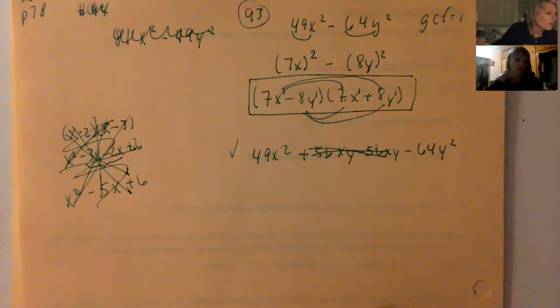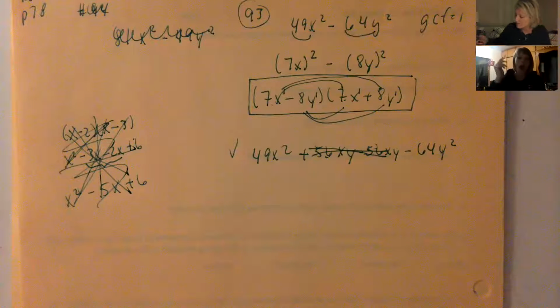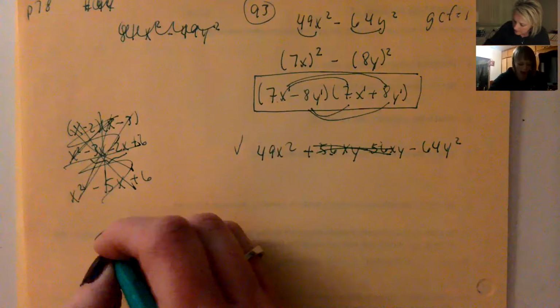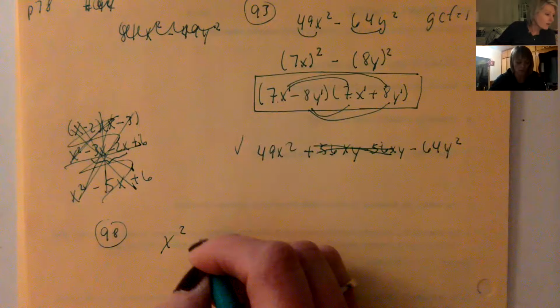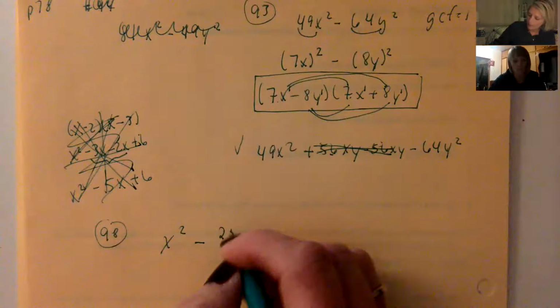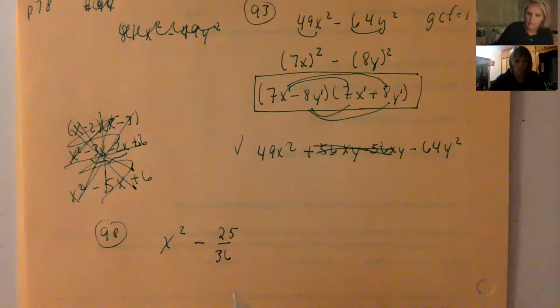Okay, so how about we do another one, and let's just jazz it up a bit. Let's do 98. So 98 is X squared minus 25 over 36.